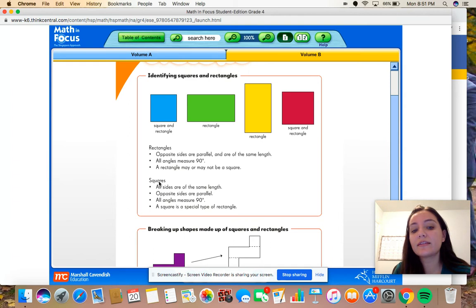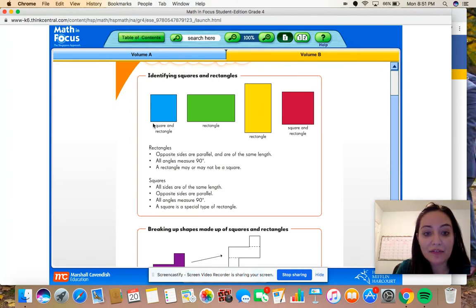Now let's look at the characteristic of a square. This is very, very important when we are looking at squares. You have to remember that a square, every single side is the same length. Okay, now let's go back to a rectangle. Yeah, the parallel sides are the same length, but is this side right here the same length as this side?